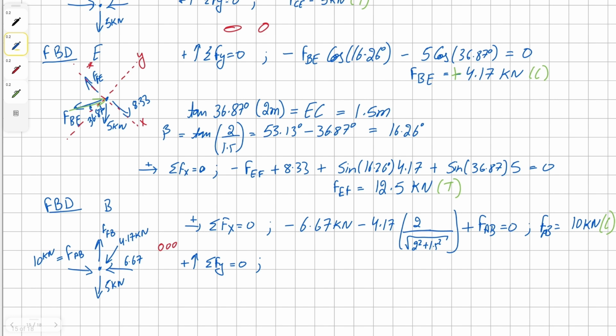Now we can sum the forces in y direction in order to find the value for force in member FB. It's going to be positive member force FB, negative external reaction, and vertical component of force BE, all equals to 0.